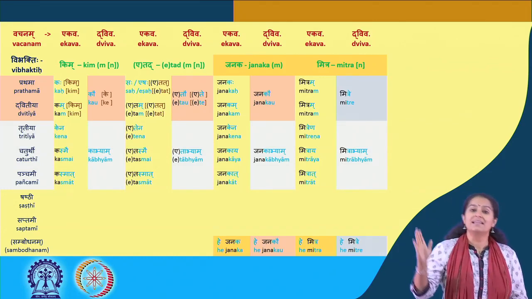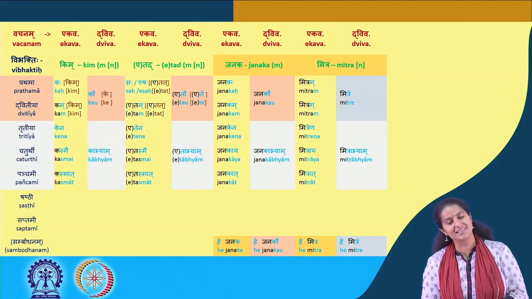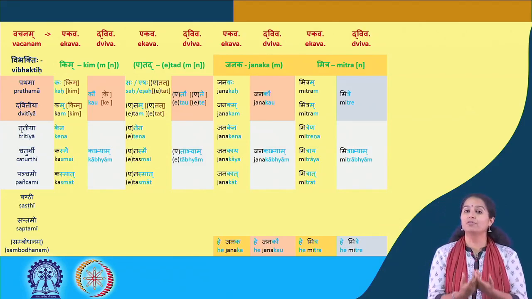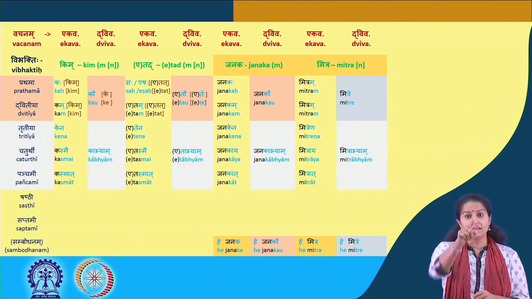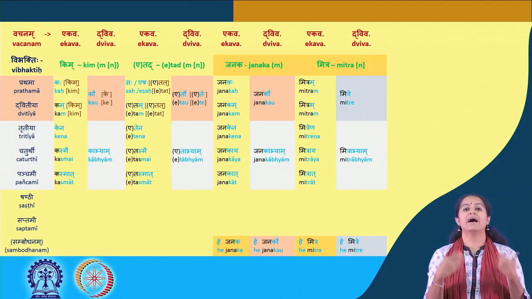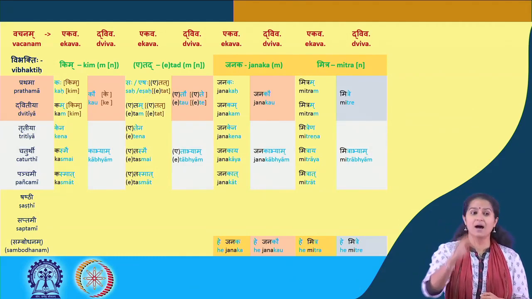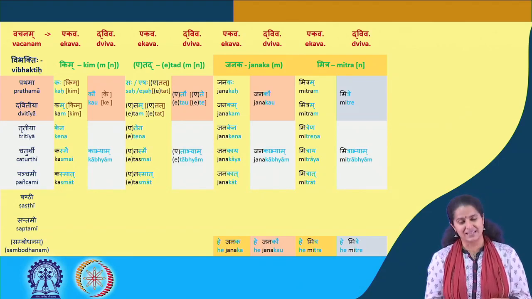Kabhyam gachati, tabhyam. So tabhyam janakabhyam gachati. What happens to the fourth case? So kasmai dadati, tasmai janakaya dadati. And in the dual, kabhyam dadati becomes tabhyam janakabhyam dadati.